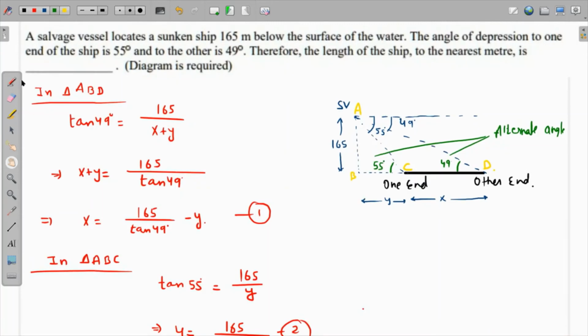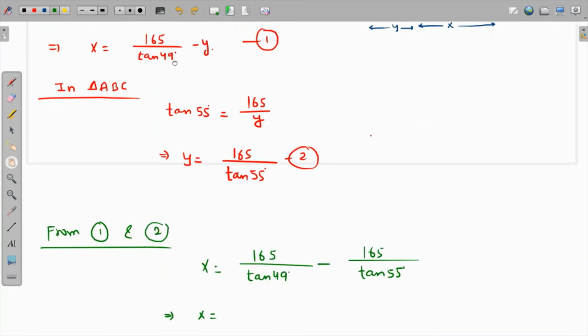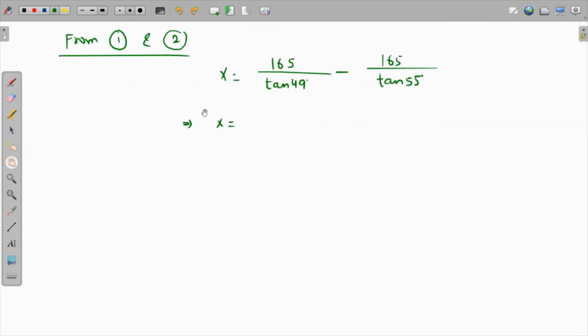We have to round to the nearest meter as written over here. Let me just grab my calculator. That is 165 over tan of 49 minus 165 over tan of 55, which comes out as 27.89.